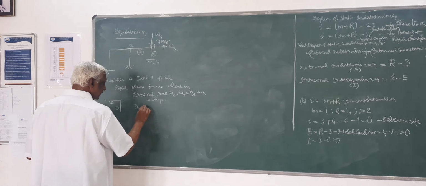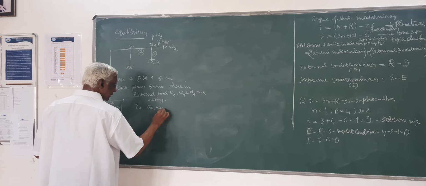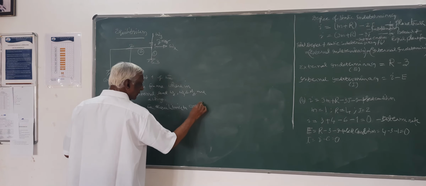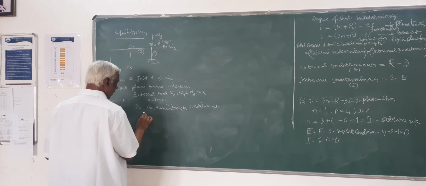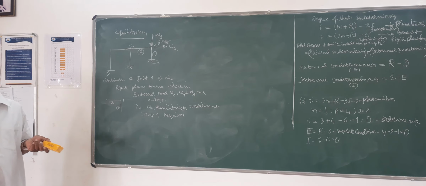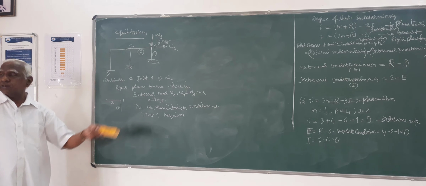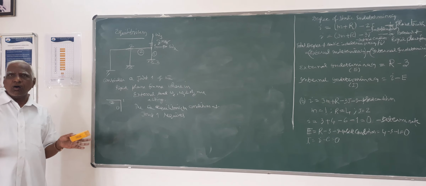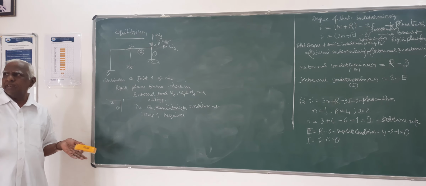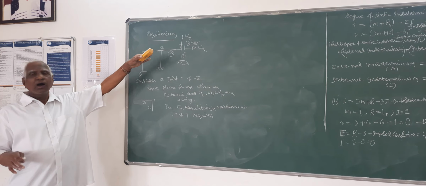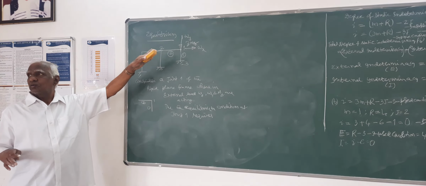Then the equilibrium condition at joint 1 requires, I defined yesterday what the equilibrium condition is. Equilibrium condition is applied at all the joints of the structure, and it requires that the algebraic sum of all external loads should be equal to the algebraic sum of all the member end forces.